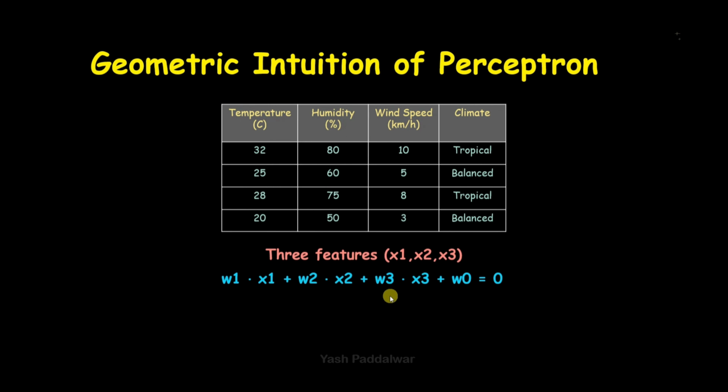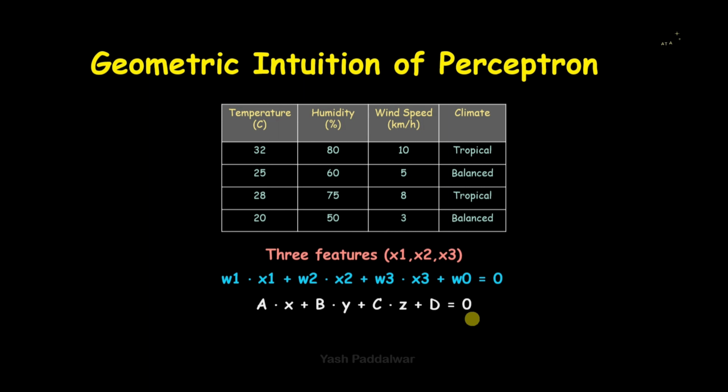This entire expression, when equated to 0, will now represent the equation that will be used for separating the two classes. If you substitute the weights w1, w2, w3, w0 with a, b, c and d respectively, you will get the expression ax plus by plus cz plus d equals 0.